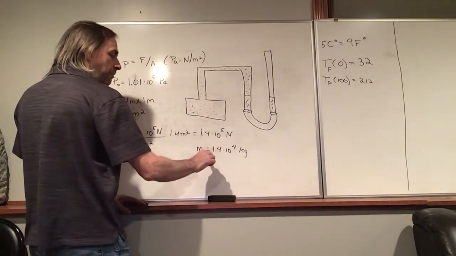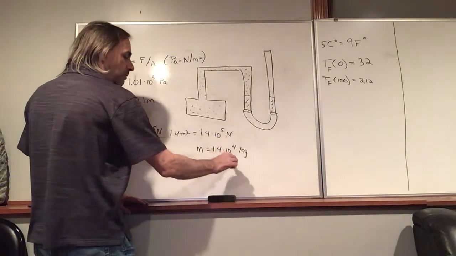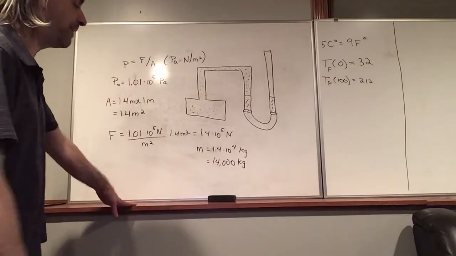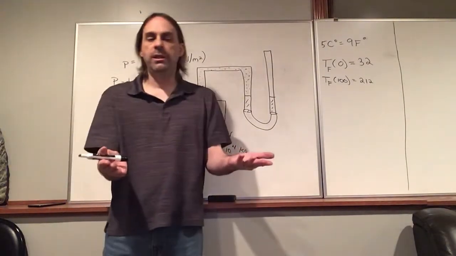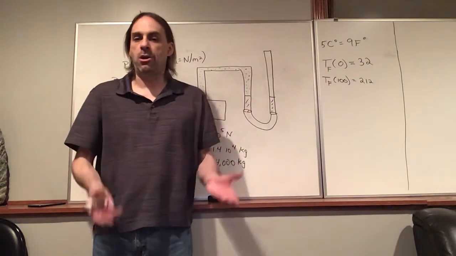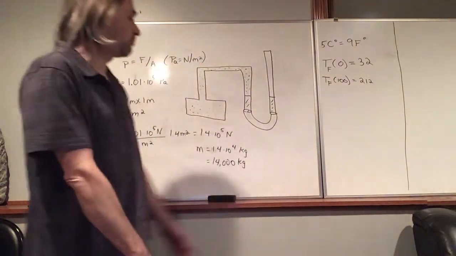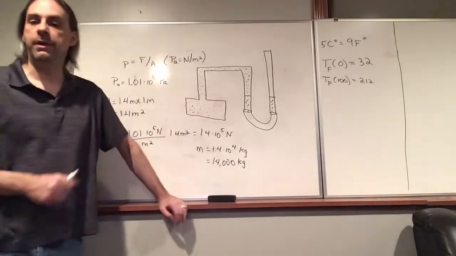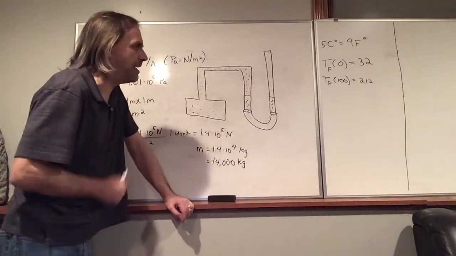This would be like 14,000 kilograms. So again, a car might be like 1,000 kilograms. So imagine this board horizontally, and you stack up like 14 cars on it. Actually, like very large cars. What I'm claiming is that that force is being exerted on this board right now by the air in this room. This is an amazing thing.